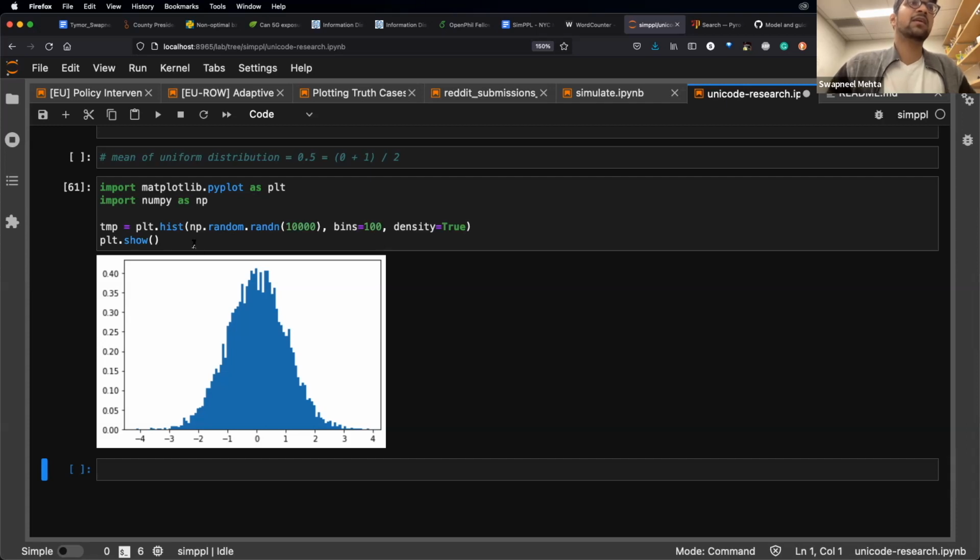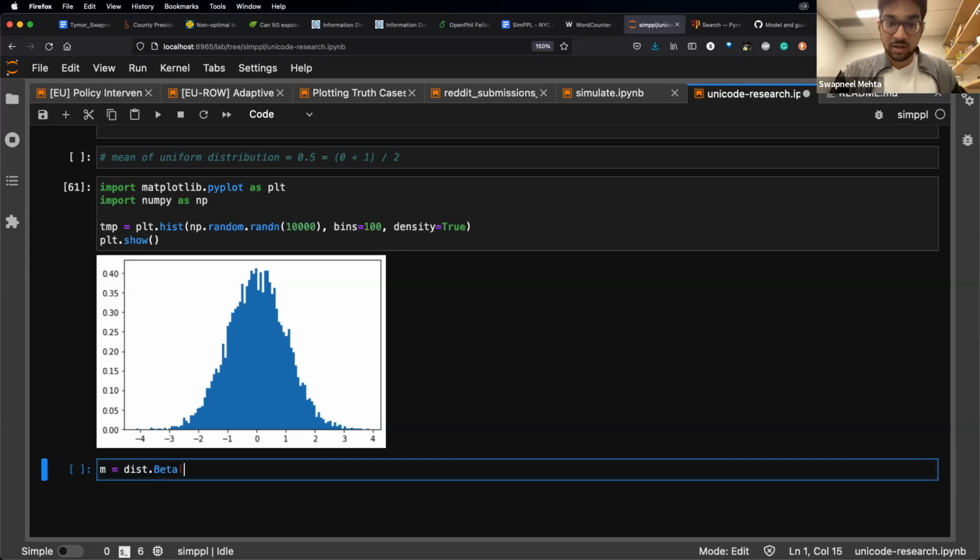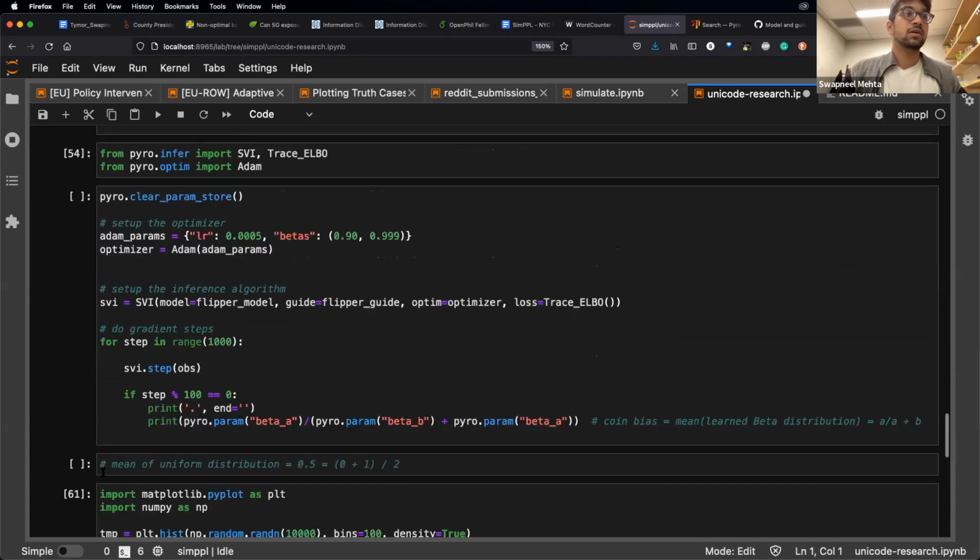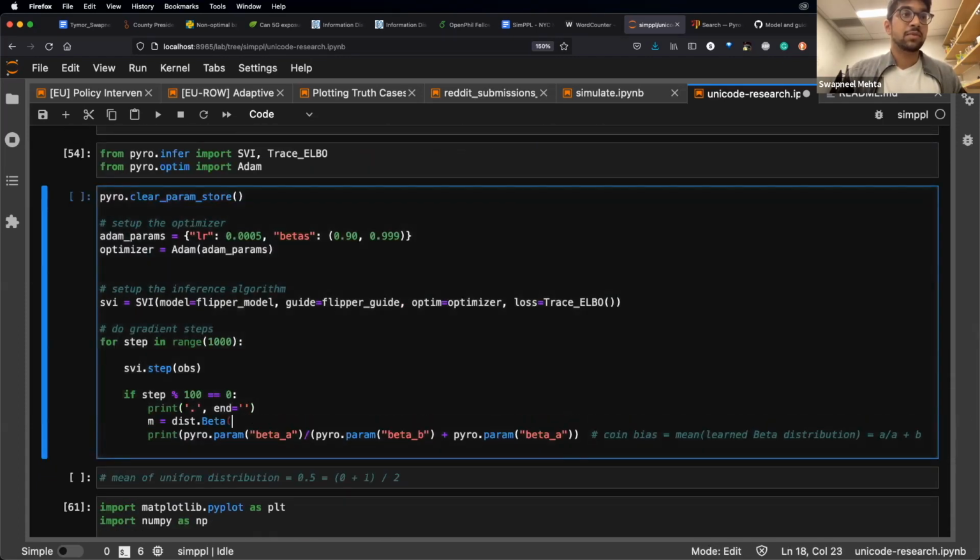And the same way, if I want to sample a beta random variable, M is equal to dist.beta, Pyro.param beta A. Let's not do this.